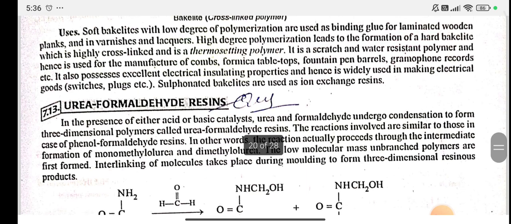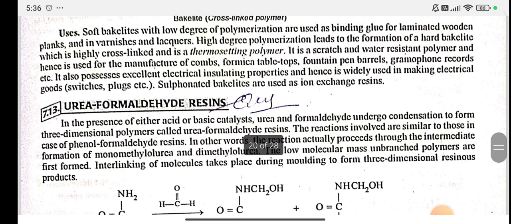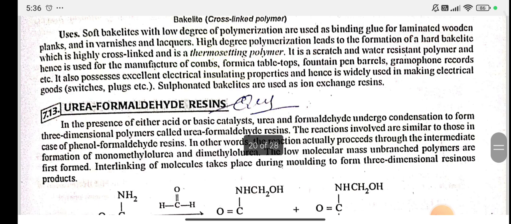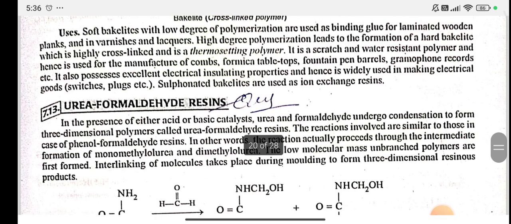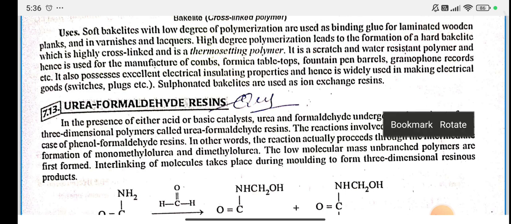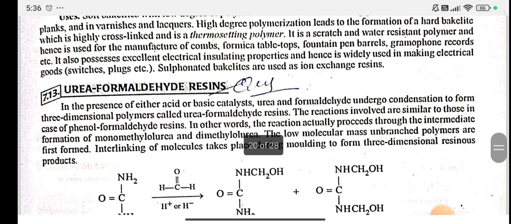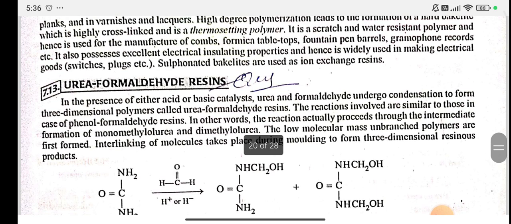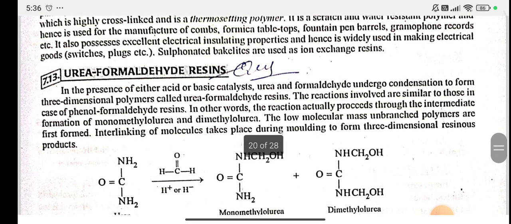It is scratch and water resistant and hence is used in the manufacture of combs, formica tabletops, fountain pen barrels, and gramophone records. It also possesses excellent electrical insulating property and hence is used in making electrical goods. Sulfonated Bakelites are used in ion exchange resins.